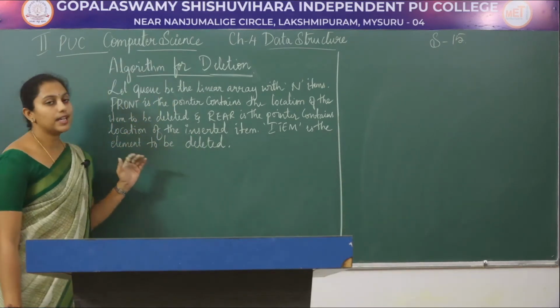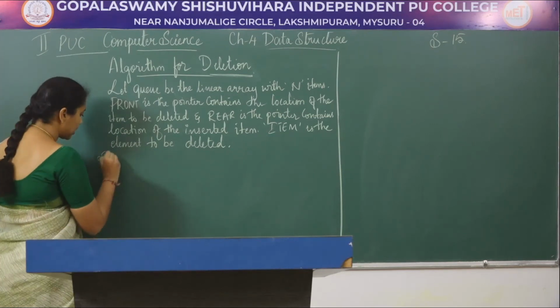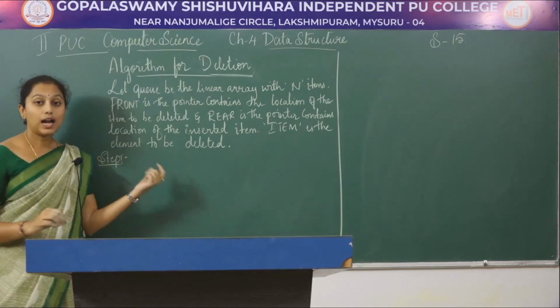So before deleting an item from the queue, we have to check for the condition, that is whether the queue is underflow.